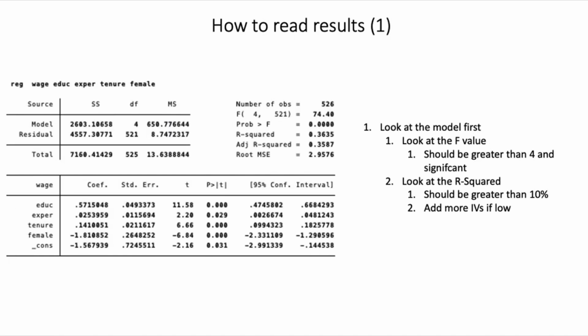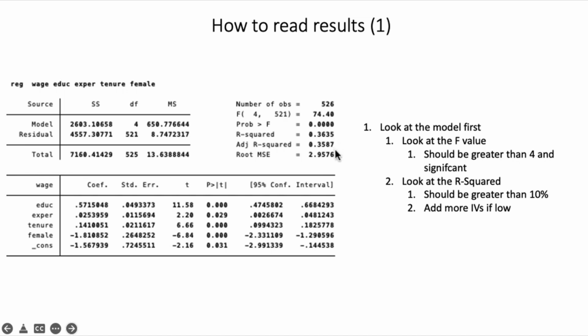Let's go through how to read the results in a stepwise method. First, you need to look at the model. For the model, you look at this part of the result and you see how many observations you have. You look at the F value, whether your model is a good model, how well your independent variables are explaining the dependent variable. You look at the r squares and see if they're good enough.